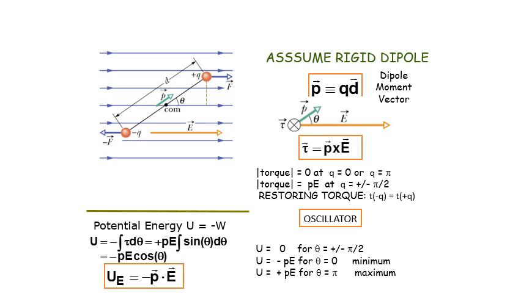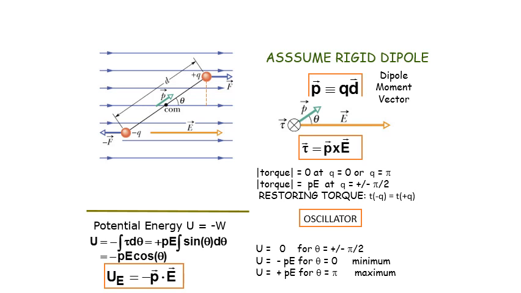The work W can be written as the integral of tau d theta, or PE sin theta d theta. In place of tau, you can use PE sin theta. So this will give you PE cos theta, so your energy is minus PE cos theta. So the energy is 0 for plus minus pi by 2, maximum for pi and minimum for 0.